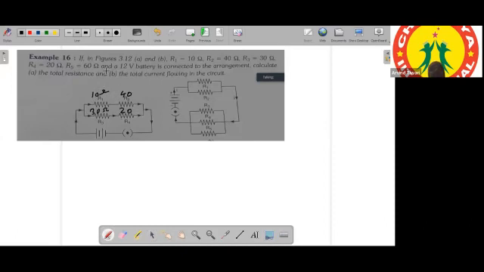Now R5 is 60 ohm and a 12 volt battery. The voltage of the battery is 12 volt. So this is your 12 volt battery, then connected to the arrangement. Calculate the total resistance and the total current flowing in the circuit. So find out the total resistance and total current.